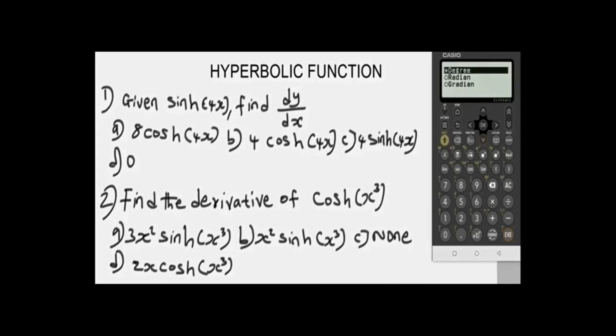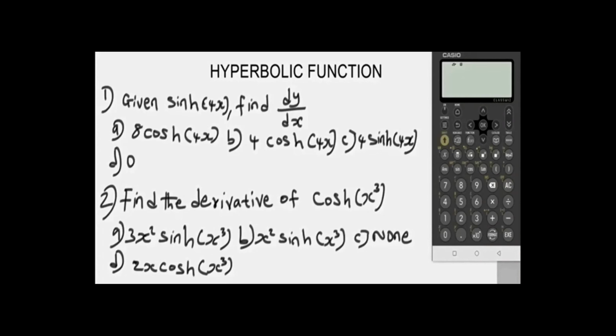Come down to radian, press execute. The calculator is now in radian. Let's go back. If you check carefully, you see this capital letter R on top of the calculator. This shows radian. Okay, so we are good to go.